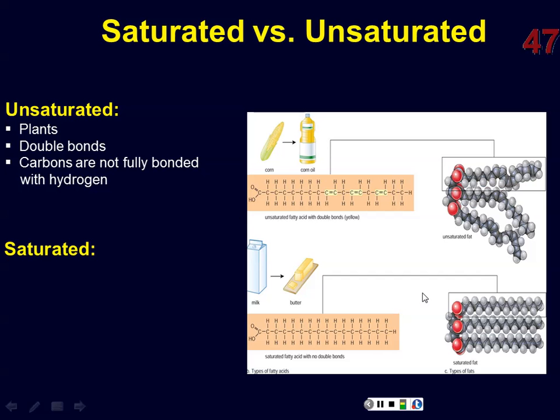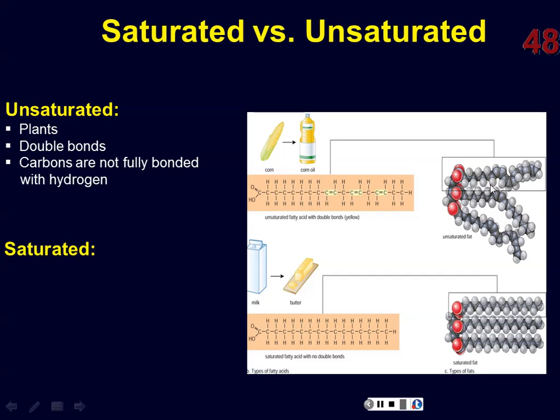Well, take a look over here at the space fill model for this molecule. This is literally showing me what the molecule would look like in a space. And notice that where there are these double bonds right there, it causes that fatty acid to bend or kink. So double bonds result in kinky fatty acids.